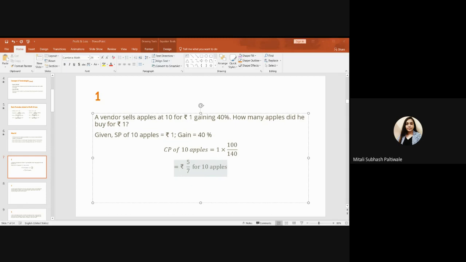So we have to keep that in mind. Now, to get the cost price for one apple, look at this: rupees 1 will yield 10.